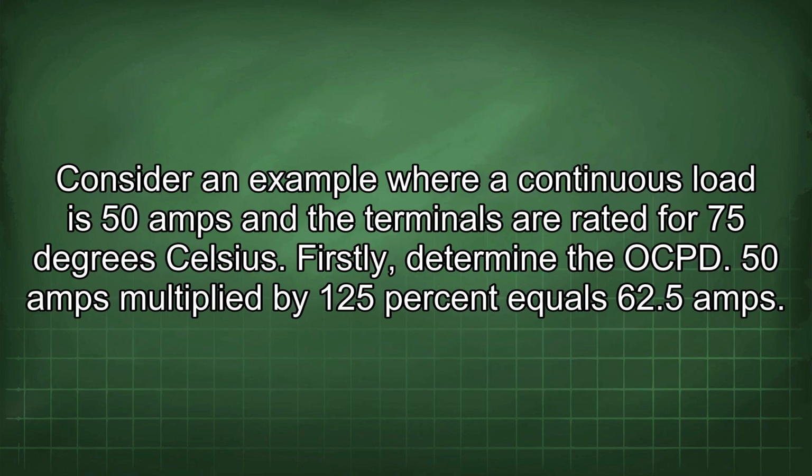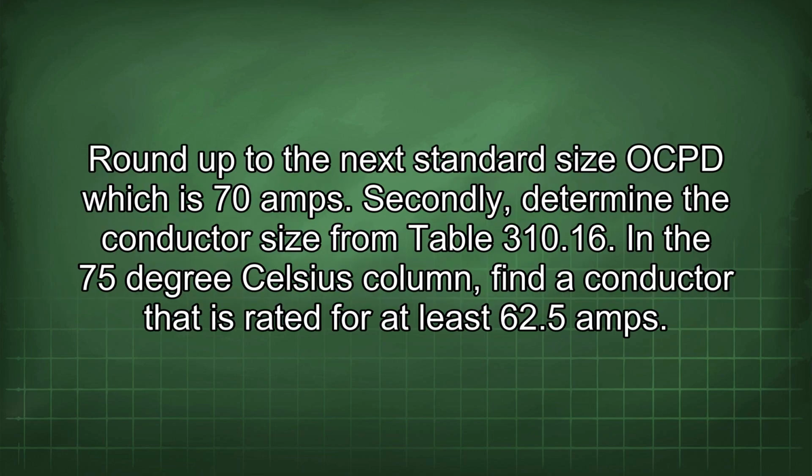Consider an example where a continuous load is 50 amps and the terminals are rated for 75 degrees Celsius. Firstly, determine the OCPD. 50 amps multiplied by 125% equals 62.5 amps. Round up to the next standard size OCPD, which is 70 amps. Secondly, determine the conductor size from Table 310.16.